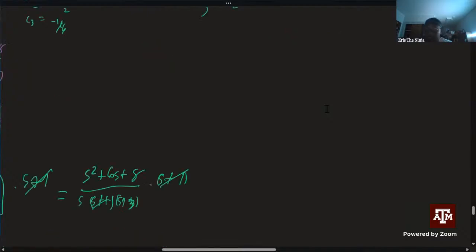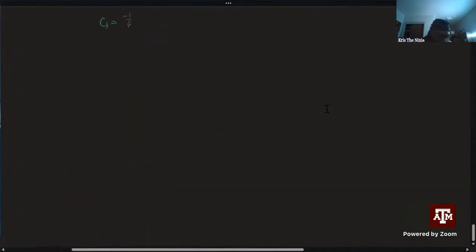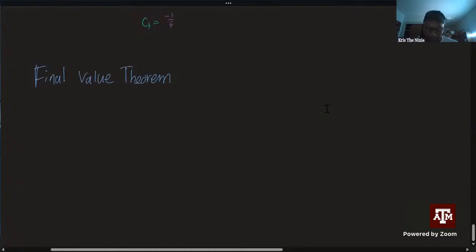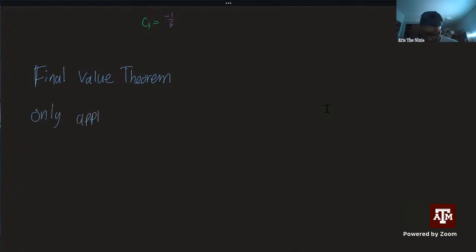So the final value theorem, as you could probably guess, only applies if the function y of t, or the output, has a final value to reach.